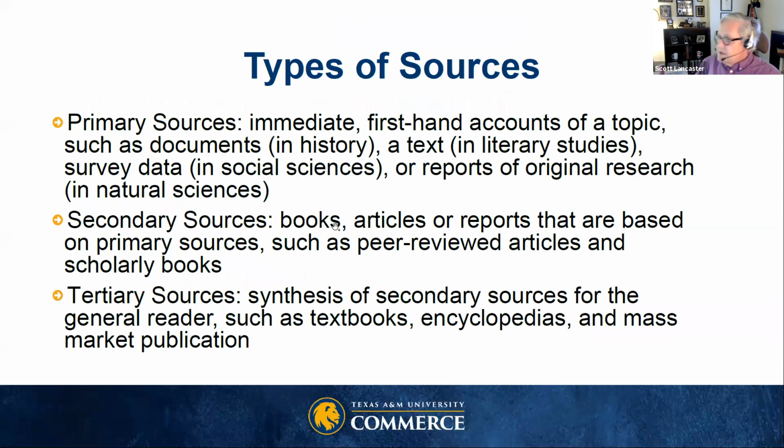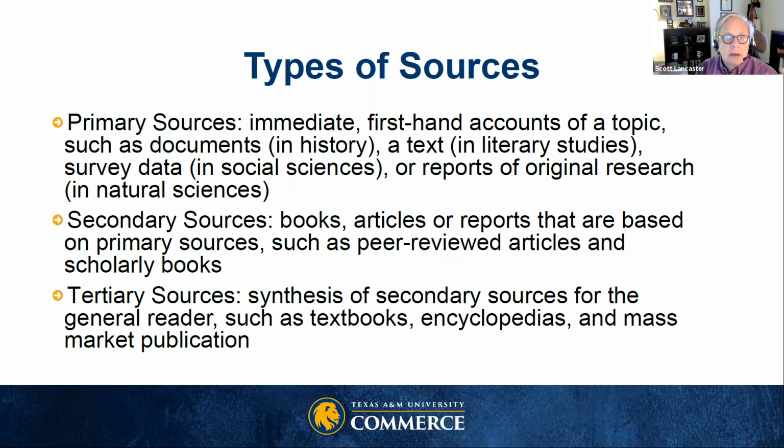The types of sources that you're going to be finding, remember that primary sources are going to be the ones that are the most important. These are immediate firsthand accounts of a topic, such as documents in history, a text in literary studies, survey data in social sciences, or reports of original research in natural sciences.